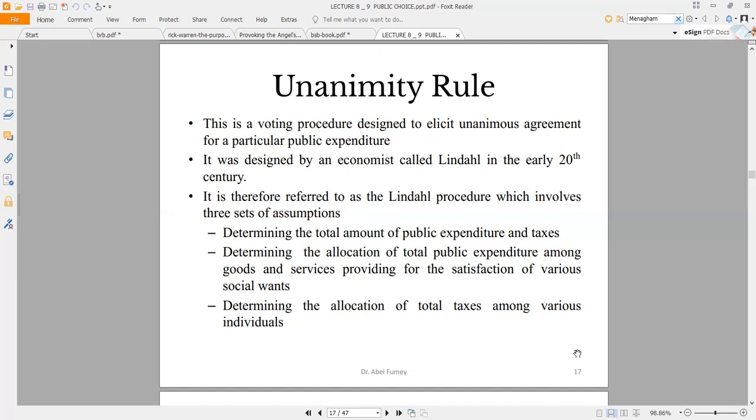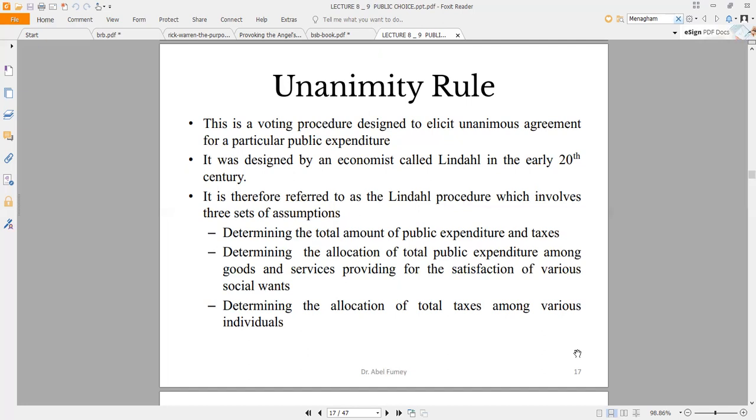So assuming the public expenditure is 20,000, we have 10 goods and services we have to produce. How do we allocate them? We need to determine that. How much is going to good A, how much is going to good B? We need to determine all this.